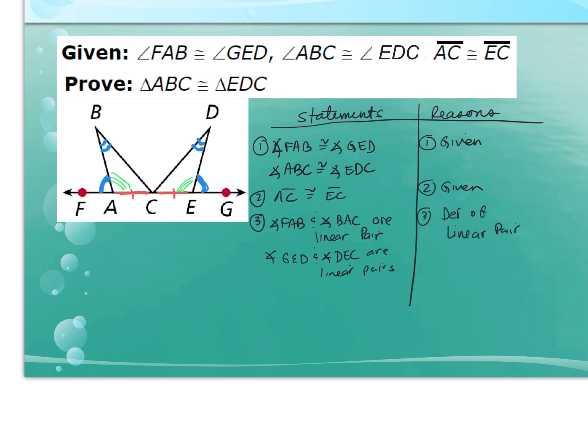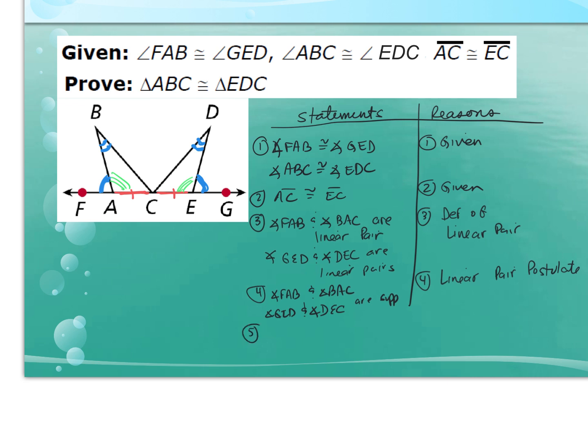Now I'm going to talk about what's important about them. Linear pairs are supplementary. So I know that angle FAB and angle BAC, and angle GED and angle DEC, are supplementary. The reason I know that is because we learned in one of our chapters the linear pair postulate, which says that linear pairs are supplementary.